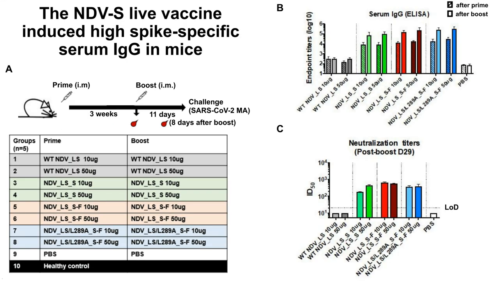The study that I'm showing here is one of the first studies that we did in mice with these Newcastle disease virus vectors, in which we compare one that contains the transmembrane cytoplasmic tail of one of the Newcastle disease virus proteins, the F protein, versus the wild type spike protein, stabilized, that is not anchored into the virus envelope.